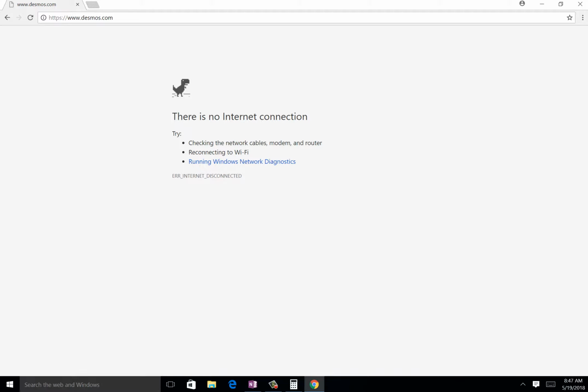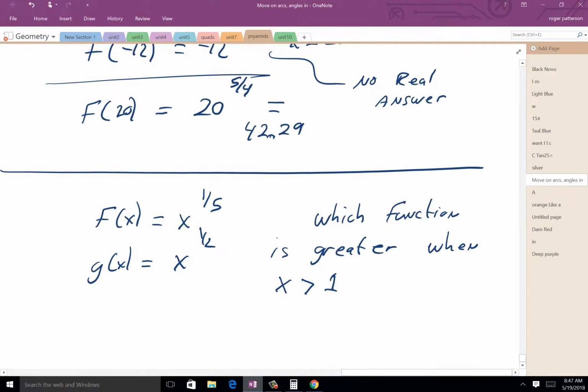So let's see. It was y equal to x to the 1/5. It's so much easier to use this. 1 divided by 5. Okay, versus y equals x to the 1/2.